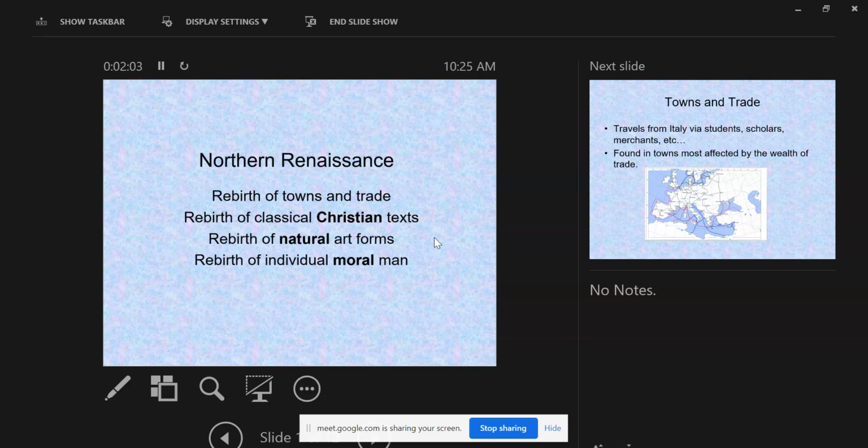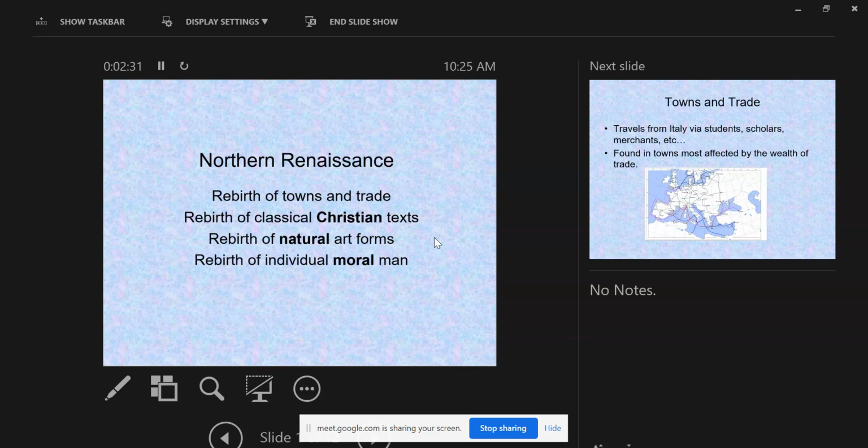Greek and Roman, perfect. Greek and Roman texts, but these are Greek and Roman Christian texts. They're by Christian people, so they're a little bit later. They're early church fathers, for example, like Saul of Tarsus, who becomes Paul, one of the early church fathers. So it's a rebirth of those classical Christian texts.